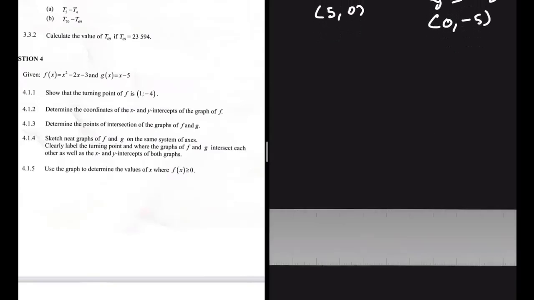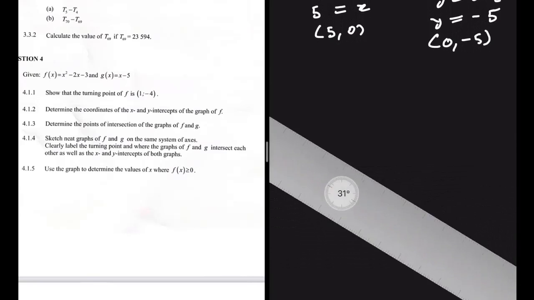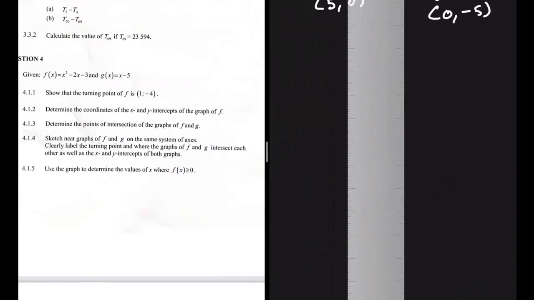We can actually go ahead and sketch our function.